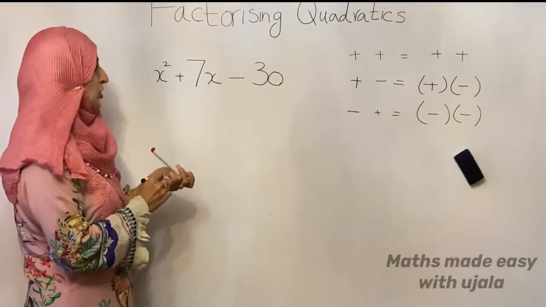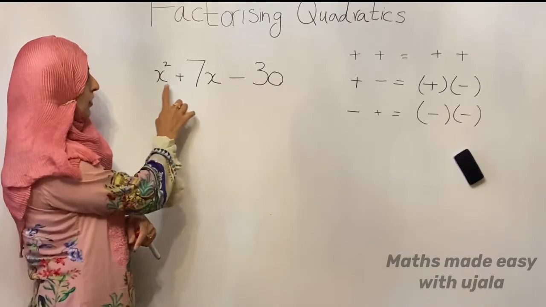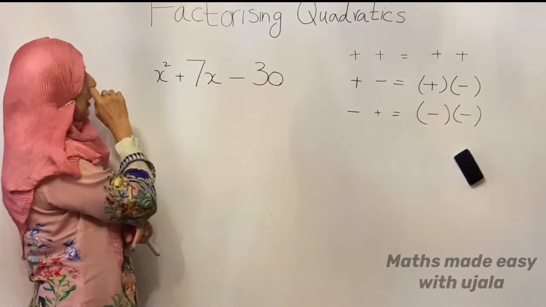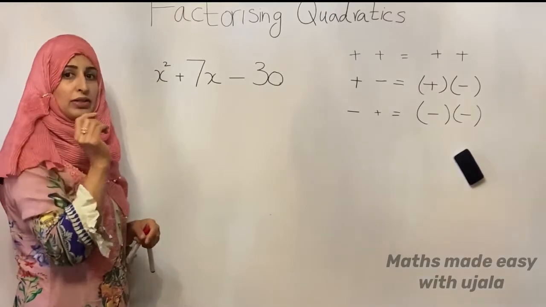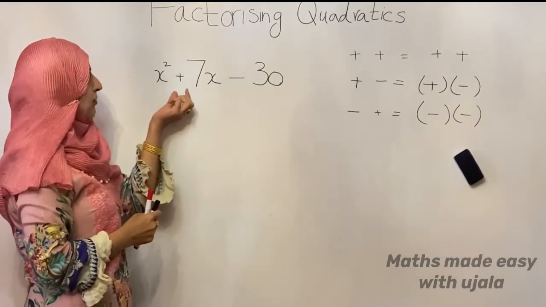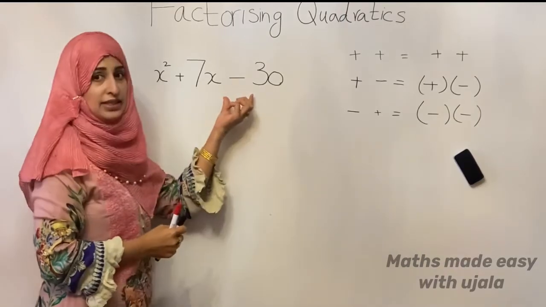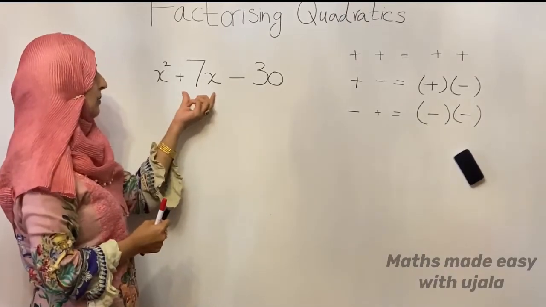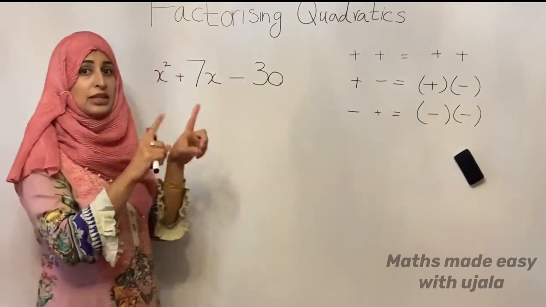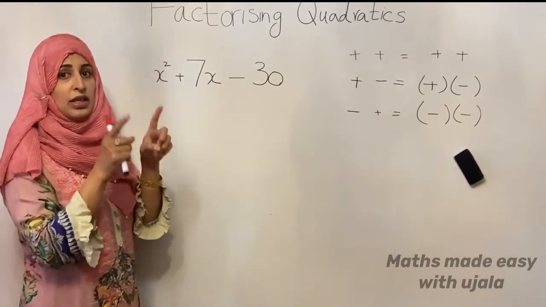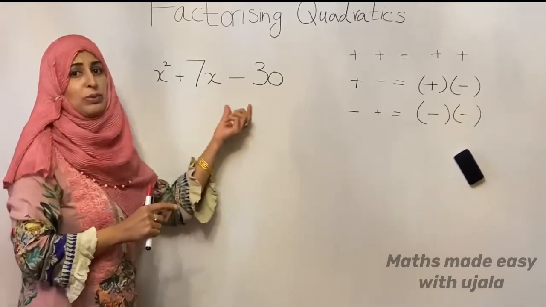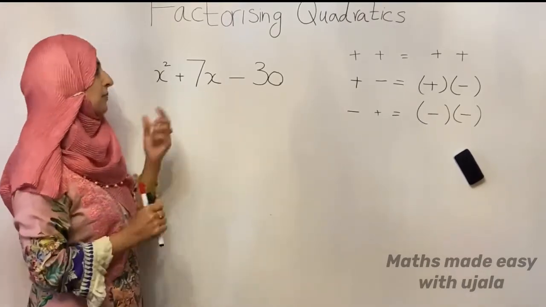So in this equation, I have x squared plus 7x minus 30. Just to remind yourself of the rule, if you have a plus sign with the middle term and a minus sign with the last term, then of the two factors you have to find, one will have the plus sign and one will have the minus sign.